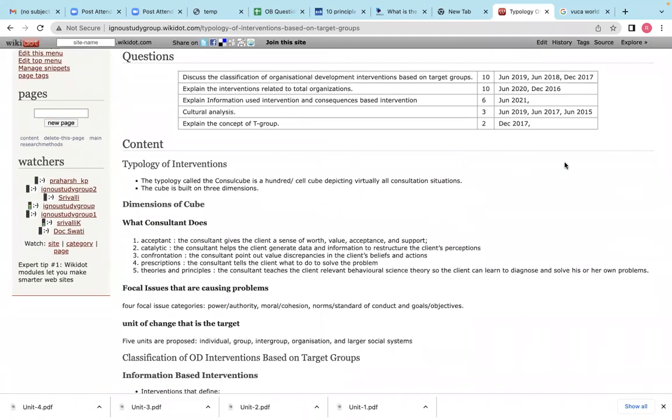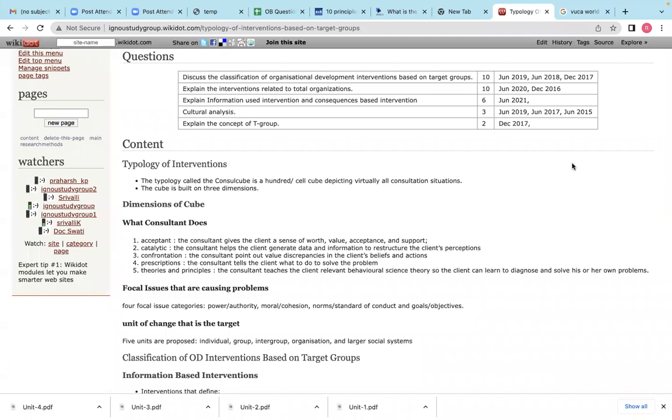There is a theory called the Consul cube theory, which is not important from the exam point of view. It was never asked what these dimensions of the cube are. This cube has three dimensions, depicting all the consultation situations, basically all the consultant related activities.